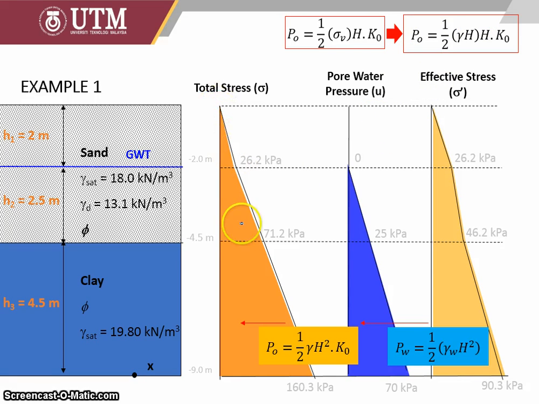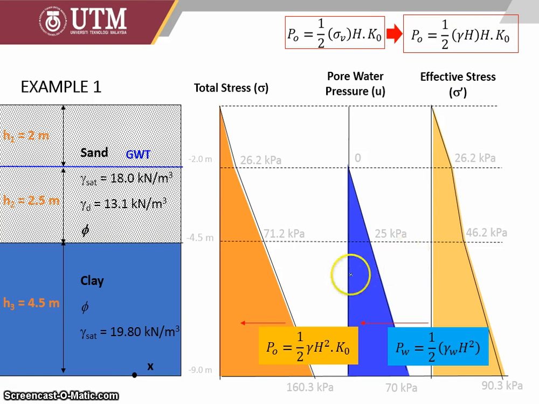If we assume this is a triangle, like the water pressure showing a triangle, the area is half times height times gamma h. The width of the triangle is 70 kilopascal here. It consists of gamma water times height, so height here and height here.